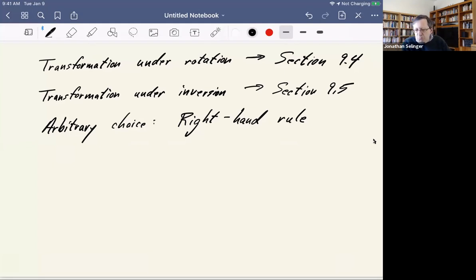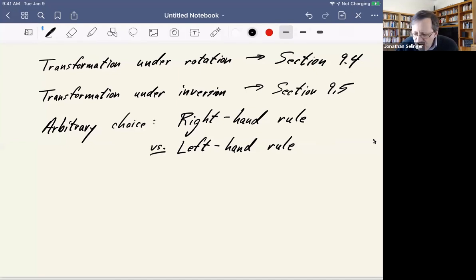You might ask, what's so great about the right hand? Why not the left hand? Why don't we use the left-hand rule instead to define the cross product of vectors? In that case, it would go down. If we use the left-hand rule, we would get the negative of what we get from using the right-hand rule. So this is another arbitrary choice that we have to watch out for.